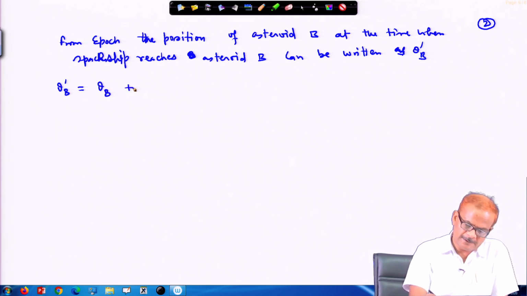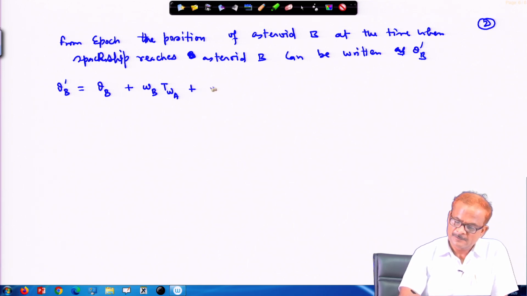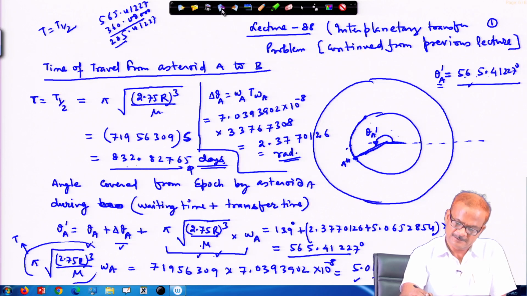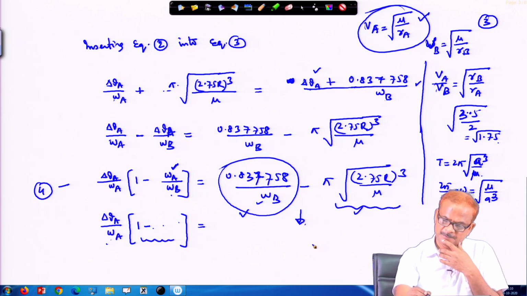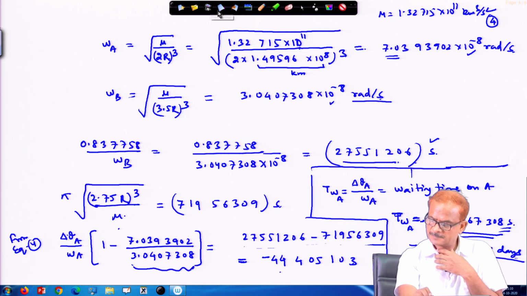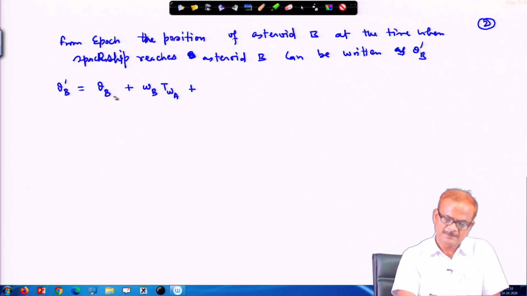Theta B plus wait time, which is omega B times T W. Okay, wait time is same for both A and B, or either you can write here T times omega A, and then during the flight time how much the B will move, or simply we can write here theta B plus delta theta B. So, delta theta B perhaps we have not evaluated here, or either simply you can write theta B plus delta theta B.